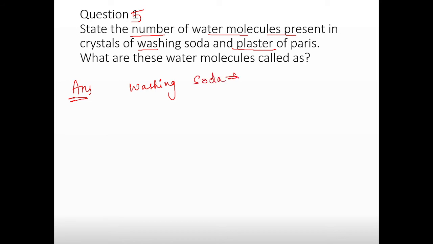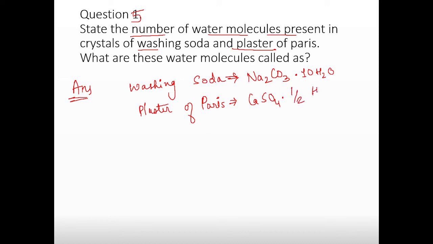The formula of washing soda is Na2CO3.10H2O, whereas the formula of plaster of Paris is CaSO4.1/2H2O. So you will be writing 10H2O as the number of water molecules of washing soda, and half H2O for the number of water molecules of plaster of Paris. Okay?